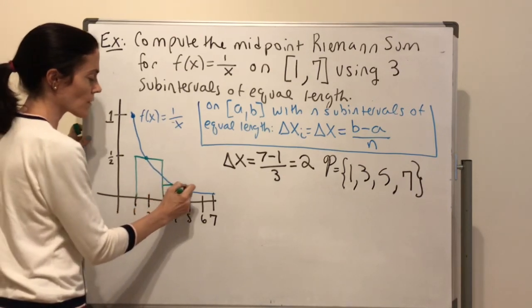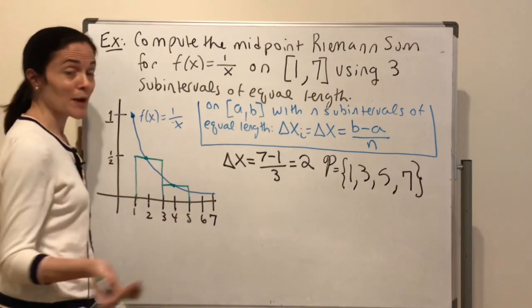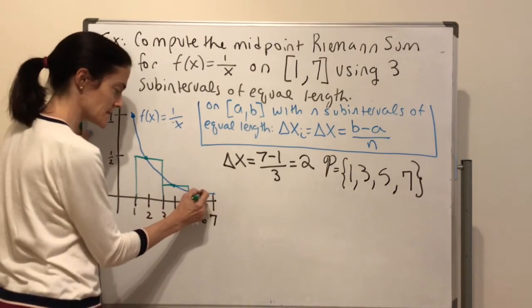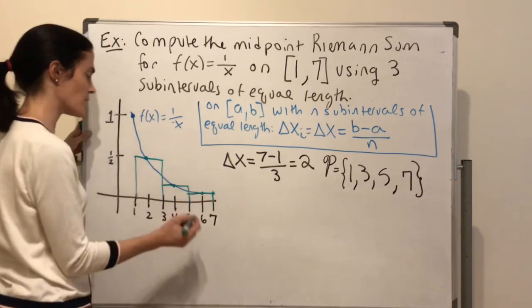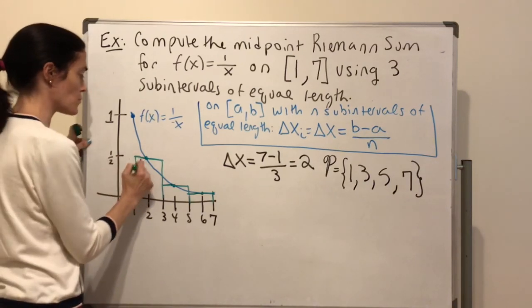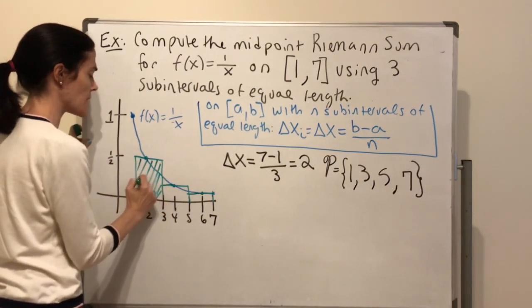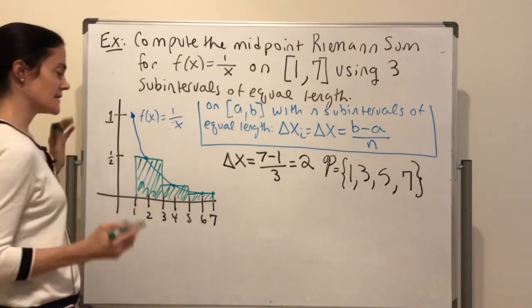It's at 1/4. And then finally, for the third subinterval, the midpoint between 5 and 7 is at 6. And we have this subinterval. Okay. Now, the Riemann sum will give me this area plus this area plus this area.